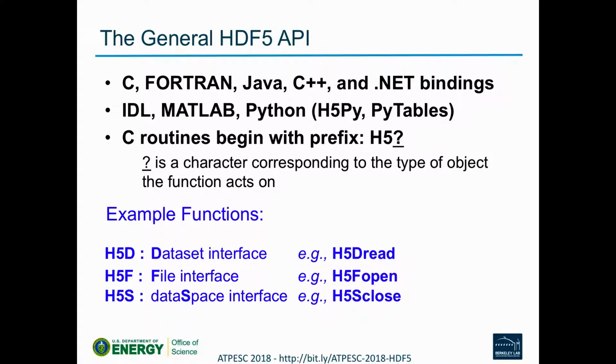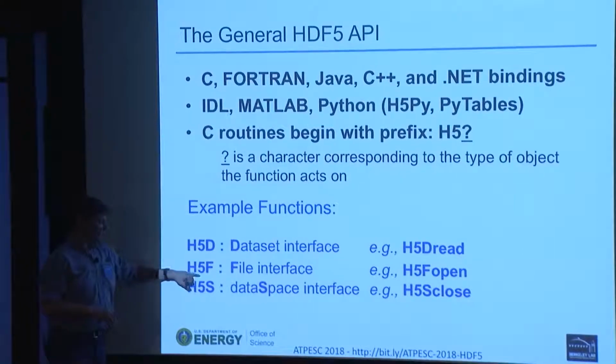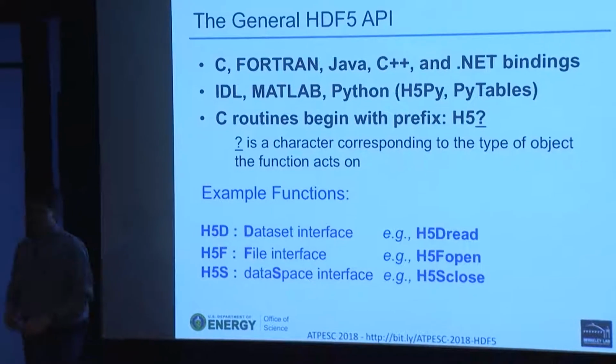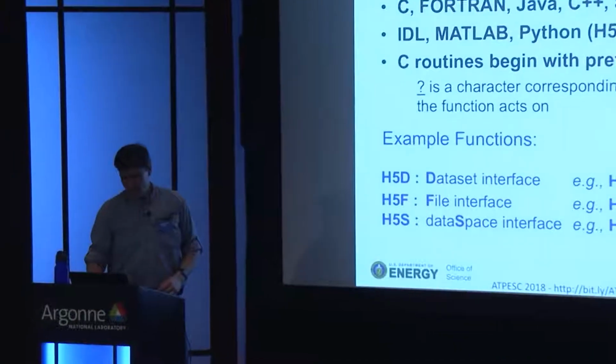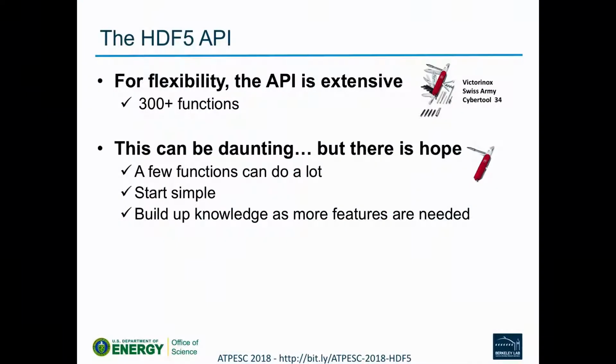So all the interfaces begin with H5 something, right? And the something is kind of like the class. So all the data set interfaces are H5D something. Files are F. Data space, can't have two Ds, so S for space. There's a lot of API routines. I kid you not, really 300-400 of them.